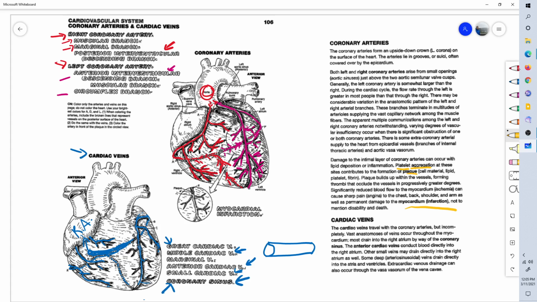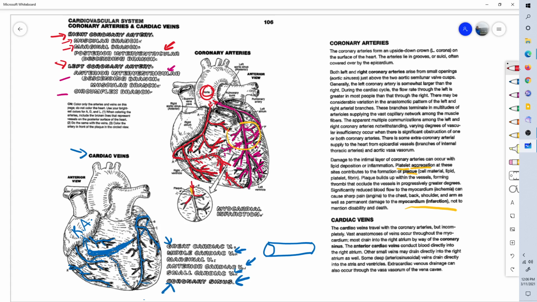And here is a blow up of what that looks like. They've taken a portion of the coronary artery and they've blown it up, and they've shown this little plaquing right here. You can see how the plaquing narrows the coronary artery here and leaves less space for the blood to travel through.